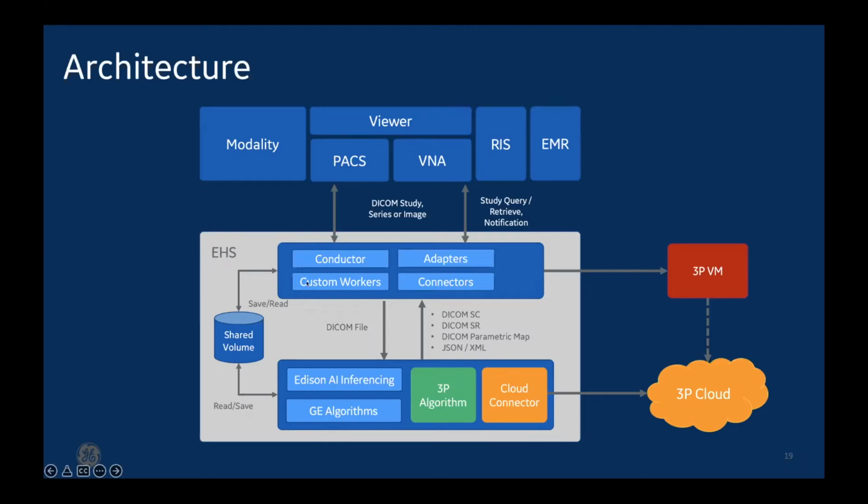The other is where the algorithm is running on the cloud. There are a lot of security aspects here, so we have a cloud connector that receives everything and asks the third party running on the cloud to do the inference. It can also be in a bare metal VM that can be called through some tasks in the workflow.